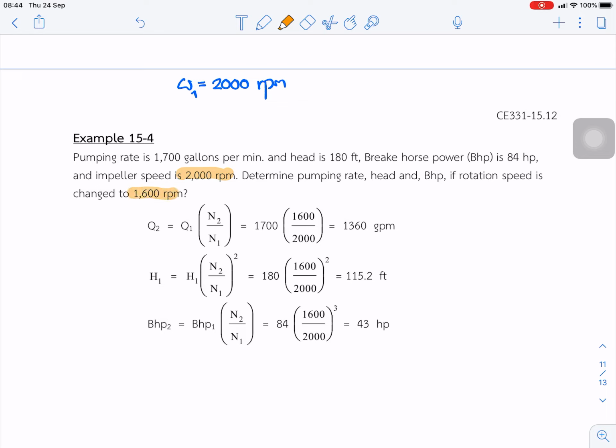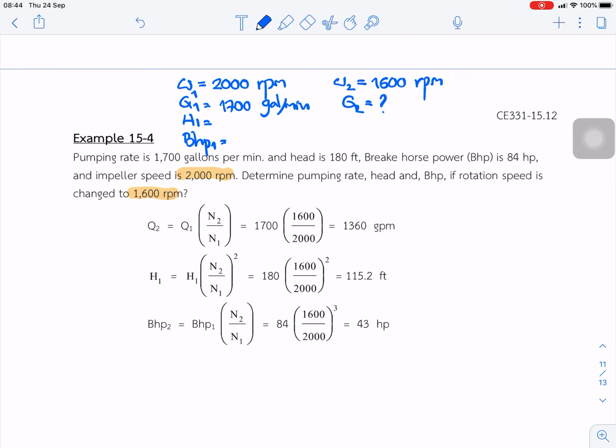Given that we know Q1, H1, and brake horsepower 1, Q1 is 1700. The question is, what is Q2?